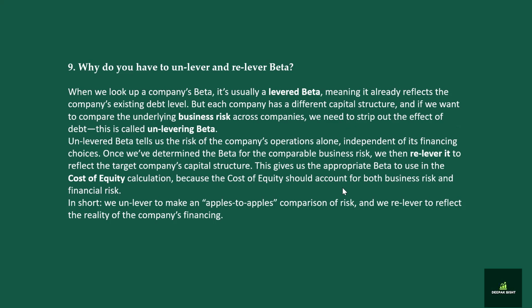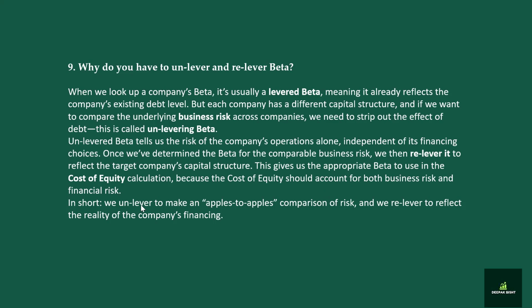By unlevering, we strip out the effect of debt and isolate the company's true operational risk, giving us a clean measure to compare across companies. And when we relever, we apply the target company's capital structure to get the beta to use in the cost of equity calculation.